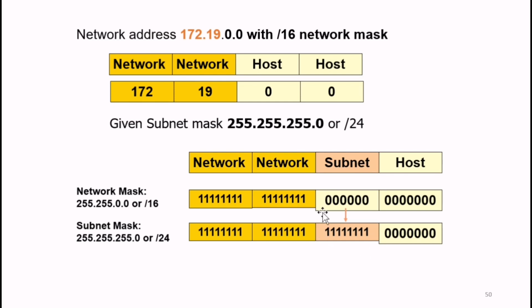If it's the 1s in both, this is the network, and lastly, the 0s mean this is the host address. So now you have identified the subnet, which is at the third octet of the IP address.